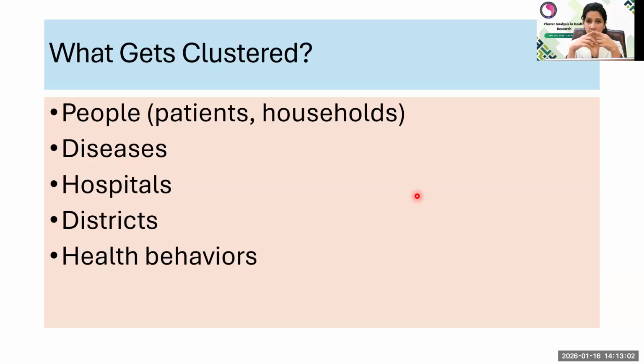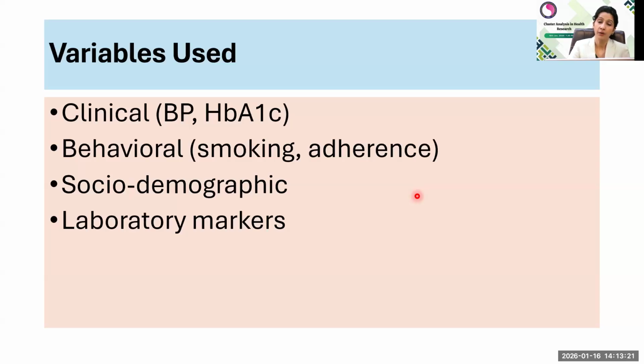In health also you can do that, for example deciding where you should open a hospital, because many times you will see hospitals opened in some very distant area. So you can use this for all decision-making processes. Then, what variables are to be used? Generally, you should use quantitative variables.